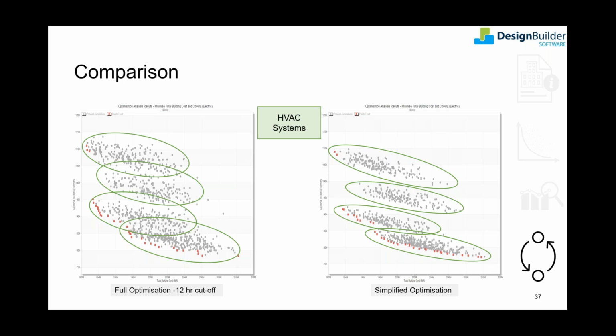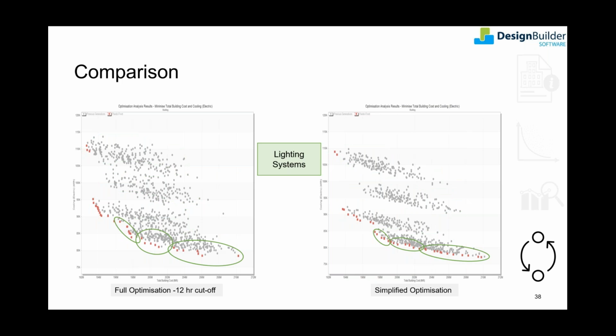First, the HVAC system. We can clearly see that there are 4 distinct clusters for each of the HVAC systems. Moving on to the lighting system, the subclusters for different lighting types can also be seen, which may help give you confidence that all the simplified results have not lost any of the value.